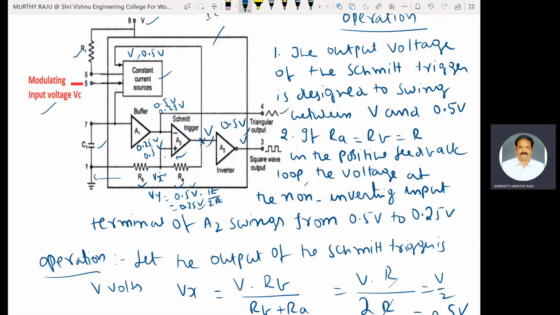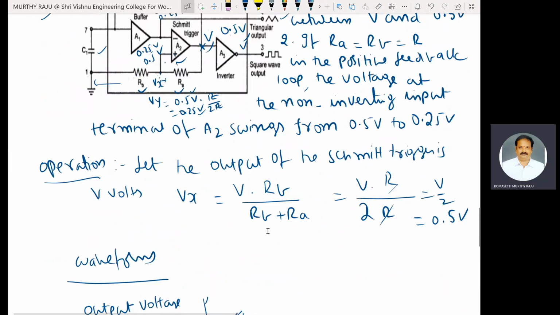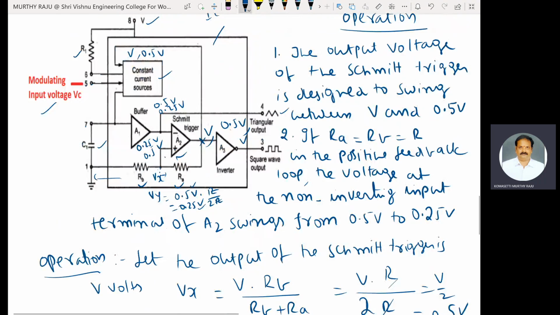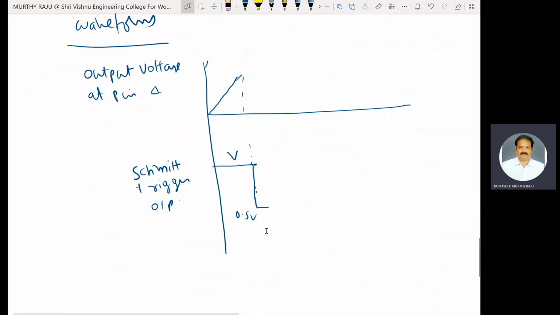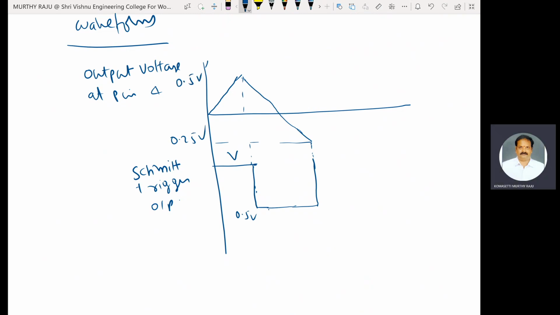the capacitor discharges up to 0.25 volts. The capacitor discharges up to 0.25 volts and 0.5 volts.